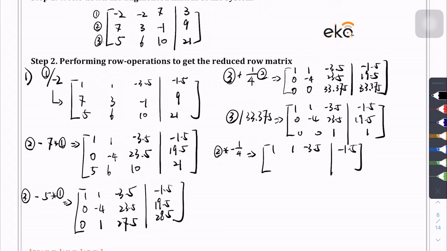Copy everything down now. 1, second row: 23.5 times -0.25 is -5.85, and 19.5 times -0.25 gives us -4.875.